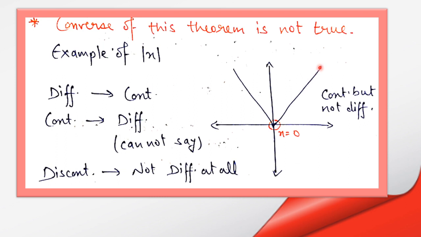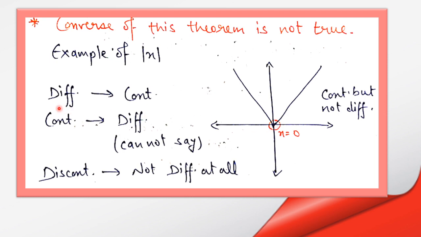So it means this function is continuous, but it is definitely not differentiable at x equal to 0, because a function is continuous when we can draw it without lifting our pen or pencil, and a function is differentiable when we can draw a tangent at that point. But here we cannot draw a tangent, so it means this function is not differentiable.